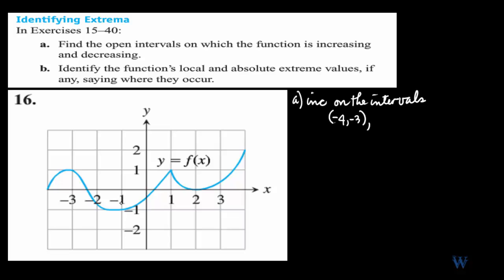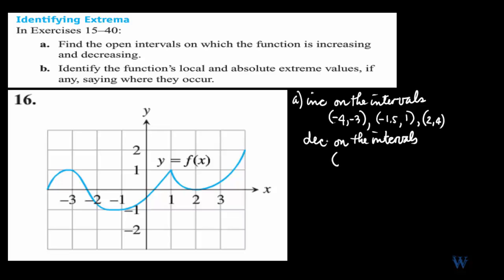What's another interval where it's going up? This looks like -1.5, right? So -1.5 up to 1, and then the last interval is from 2 to 4. Okay, and then it's decreasing on, again, these are intervals, from where?